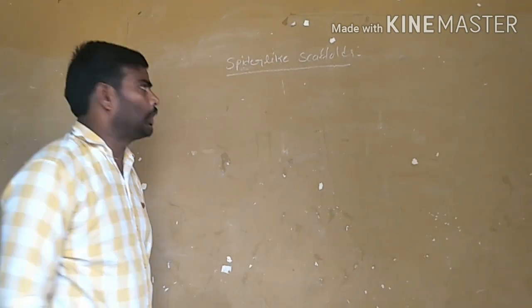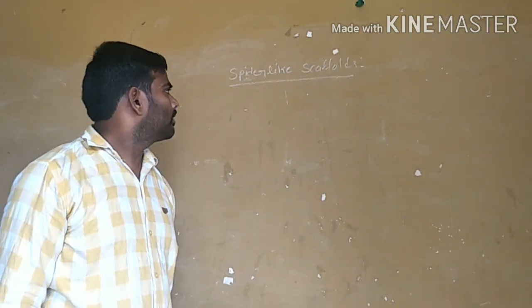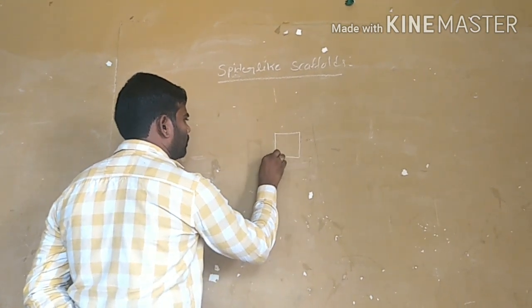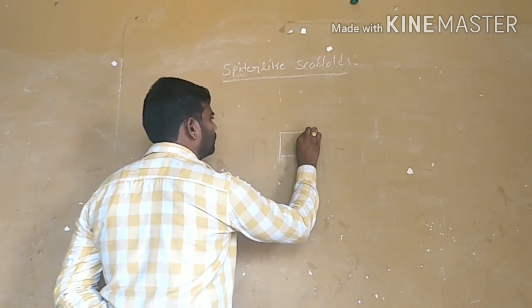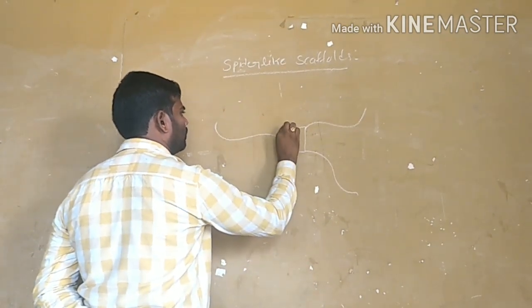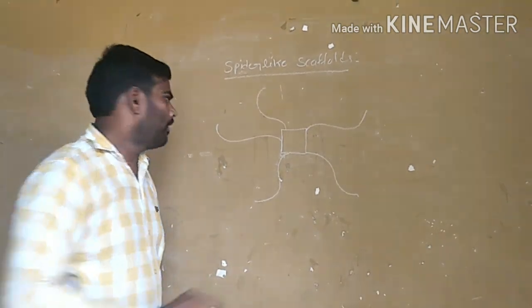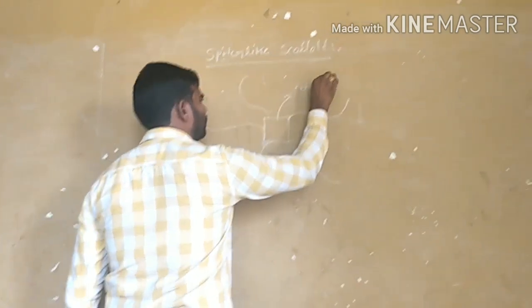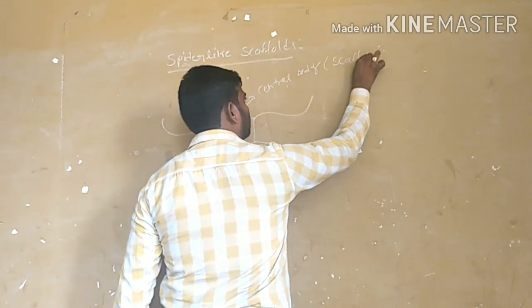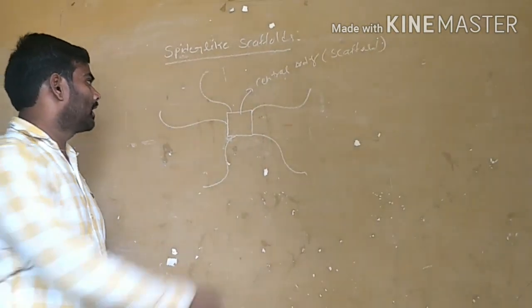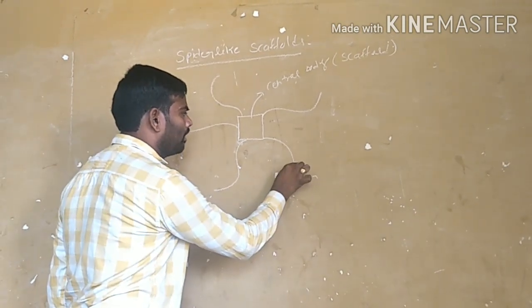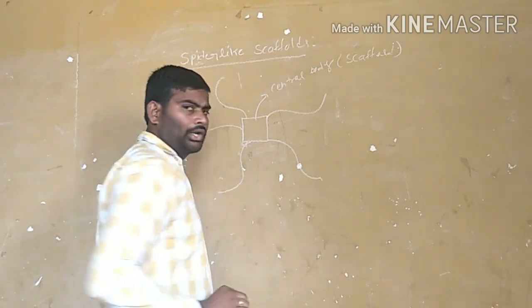A spider-like molecule has a central body, called the scaffold, and it has various arms, and these arms have active functional groups.